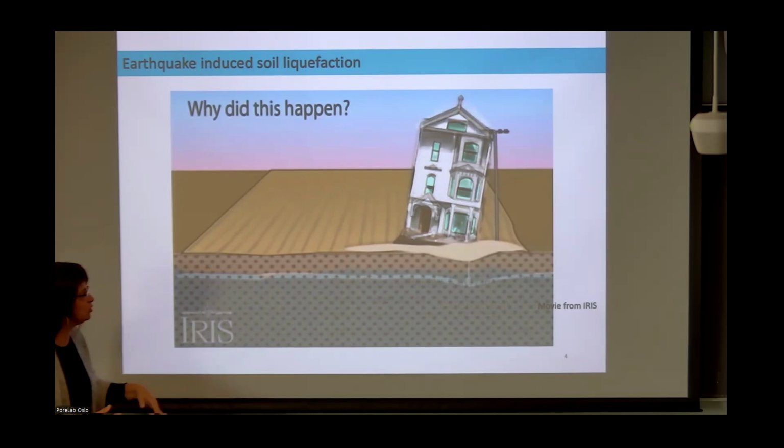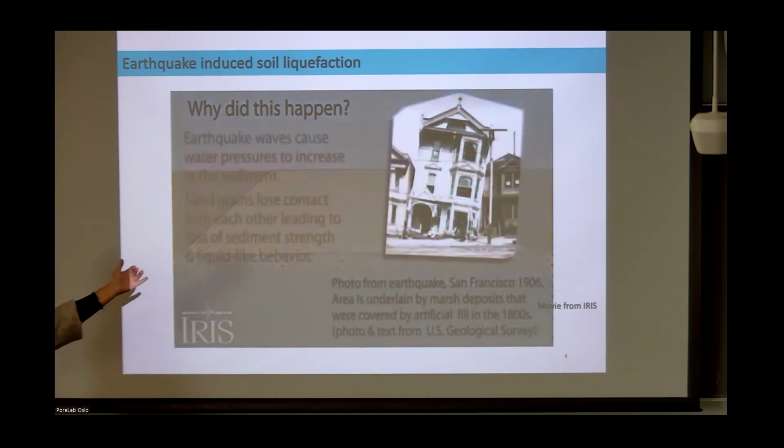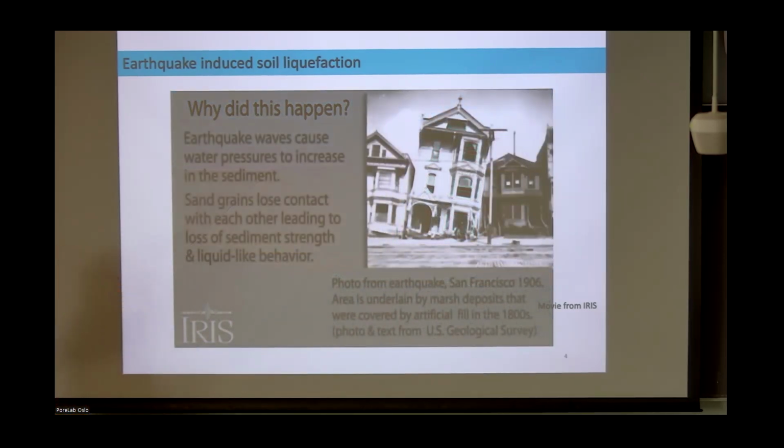This is a true picture of the building that sunk in the 1906 earthquake. In that earthquake many buildings sunk, but also pipelines floated to the surface due to liquefaction. These gas pipelines burst, and there were a lot of fires in this earthquake due to that liquefaction.